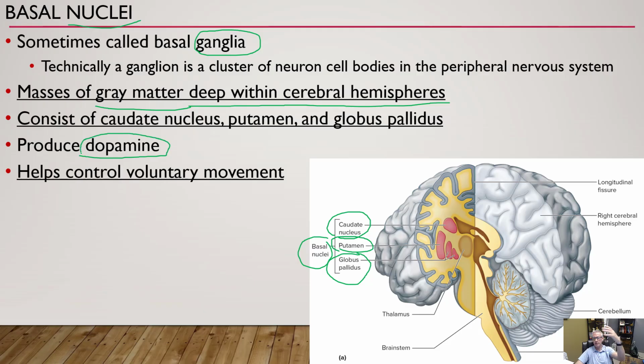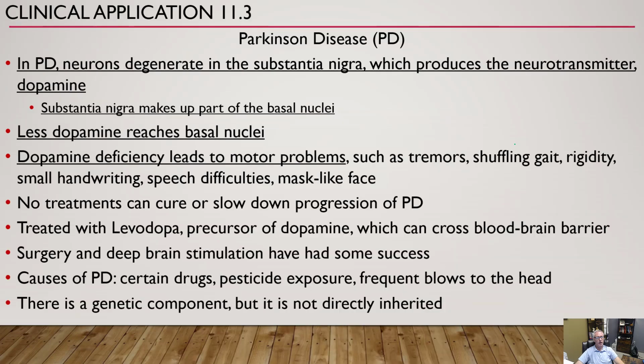Dopamine kind of gives you that little high feeling when you ride the roller coaster, but it also helps control voluntary movement, skeletal muscle movement, and it's actually important for Parkinson's disease.